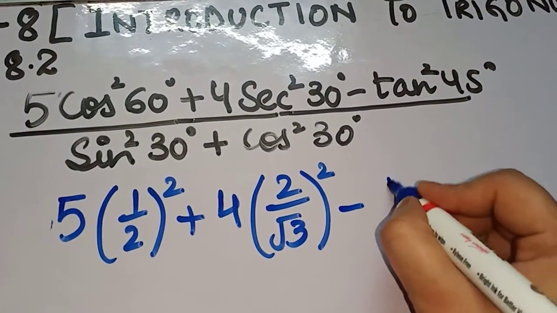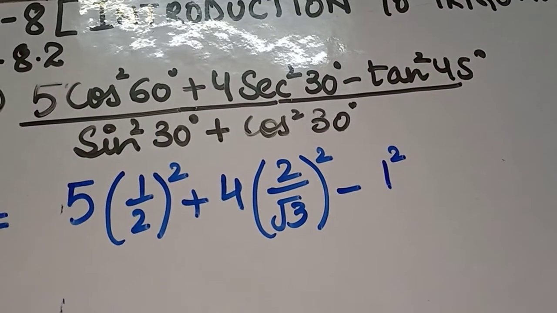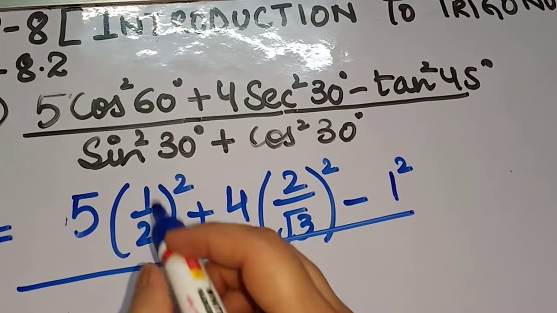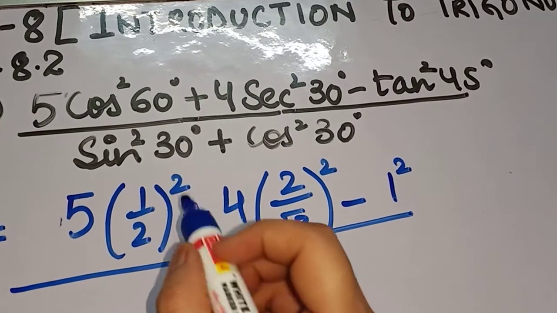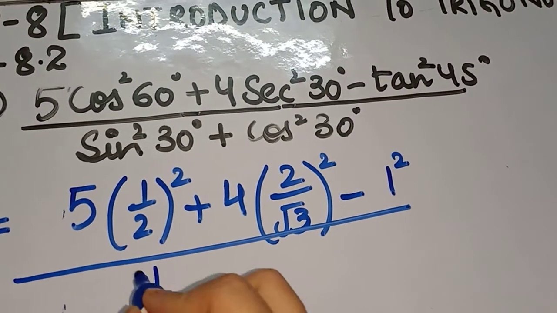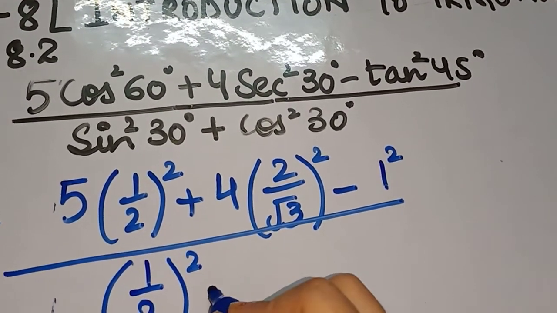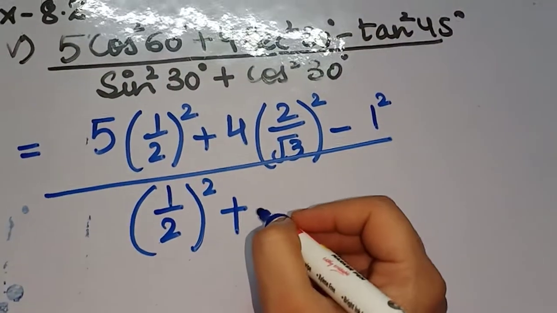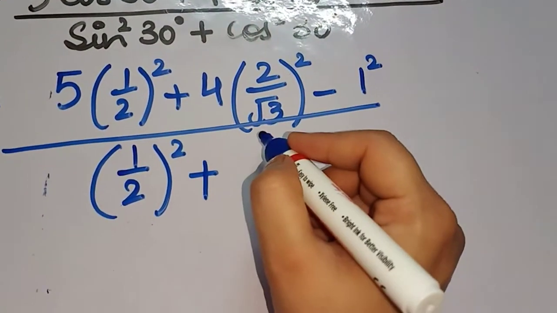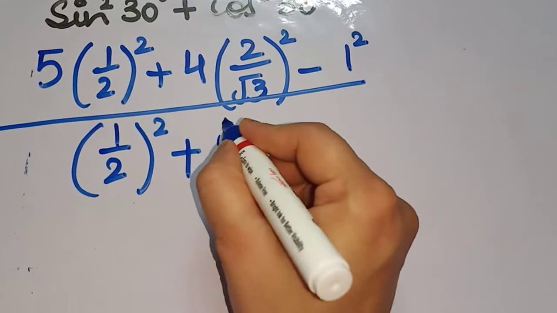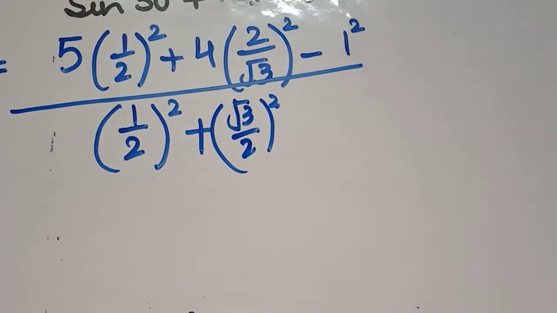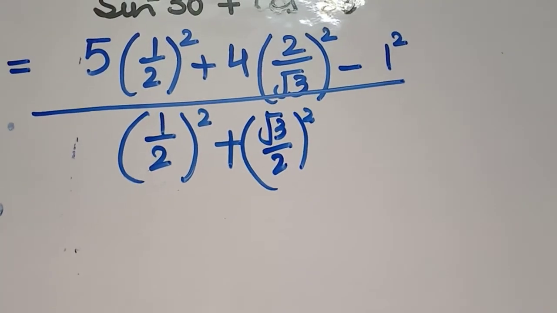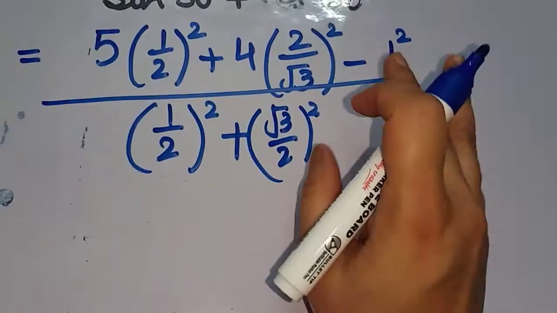Tan 45 is 1, that means 1 squared. Now upon sin square 30 degree. Sin 30 is 1 upon 2, whole squared, plus cos square 30 degree. Cos 30 is root 3 upon 2, whole squared. Now half of the question is done. That means we have put the values.